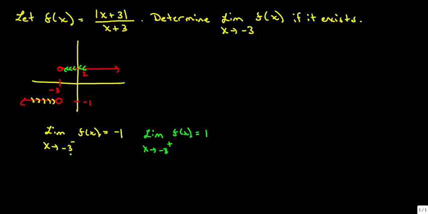And since the limit from the left side is not equal to the limit from the right side, we say that the limit as x approaches negative 3 of f of x does not exist.